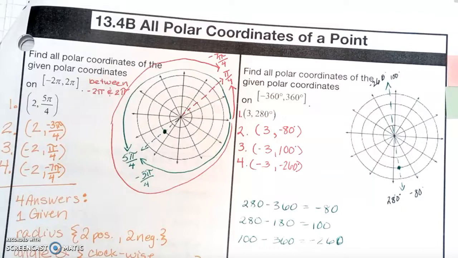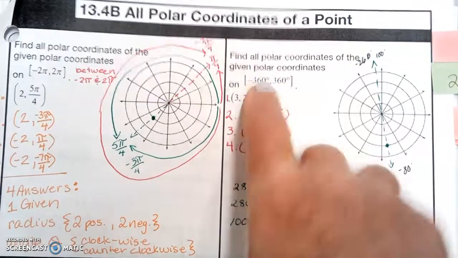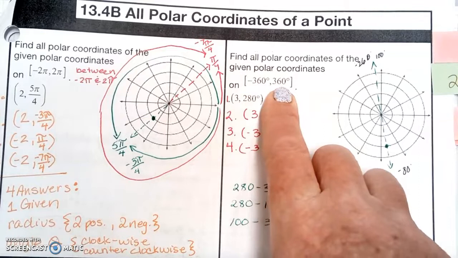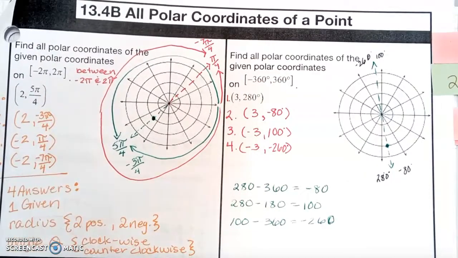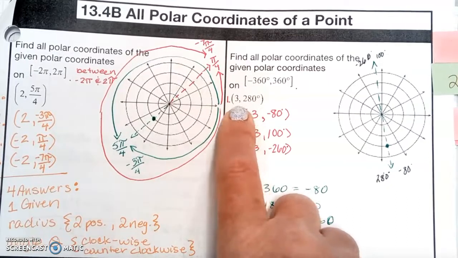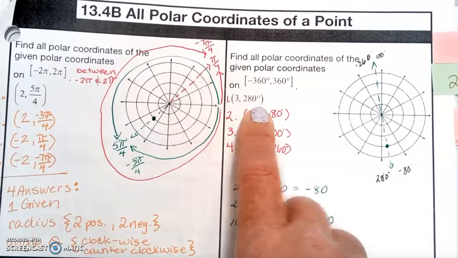Now the next box says find all the polar coordinates of the given polar coordinates from negative 360 to positive 360. That's the same as negative 2 pi to 2 pi. And the one that we're given is 3, 280. Okay?